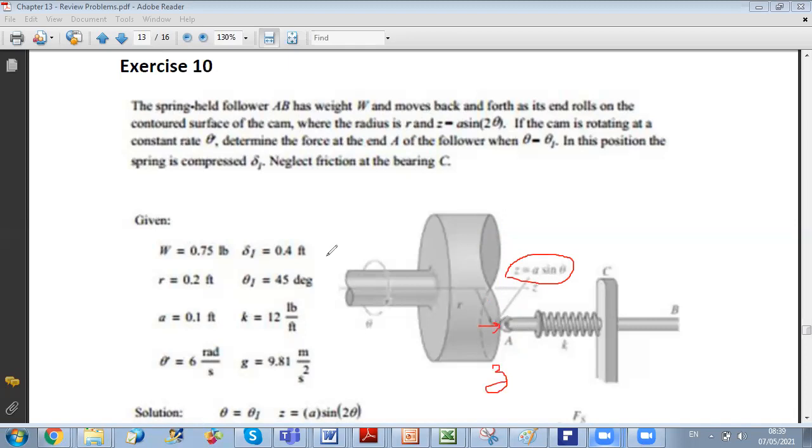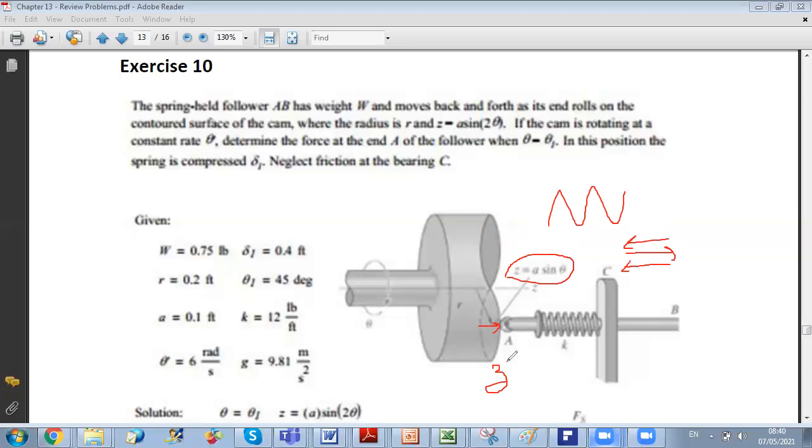So as theta increases, as we have rotation, Z will vary, and then the spring will go back and forth. It's a sinusoidal function, so you will have a motion alternating between going back and forth like this. So the spring will be oscillating around a certain position.